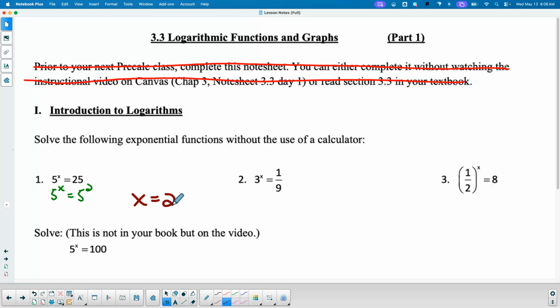What about number 2? Negative 2. Because 3 to the x equals 3 to the negative 2 power. Negative exponents, we flip it over, we move it to the bottom to make it positive. So x has to be -2.